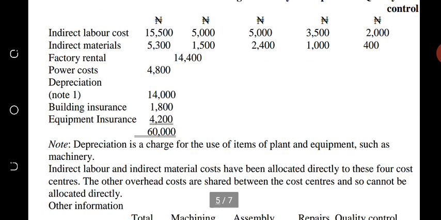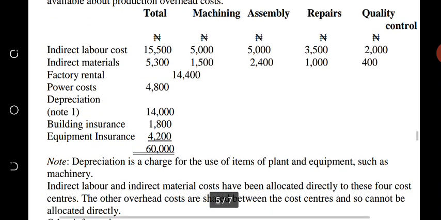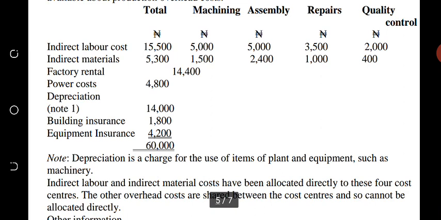How can we apportion depreciation to the production departments and the service departments? Another is the building insurance. How can we allocate or apportion the building insurance to the production centers and the service centers?